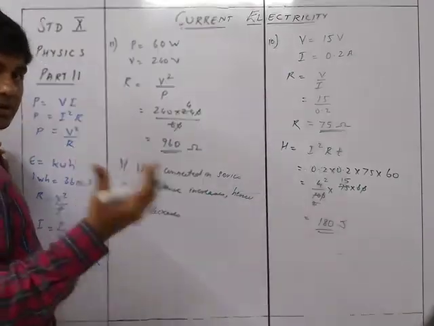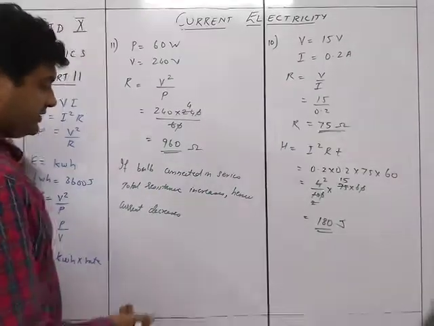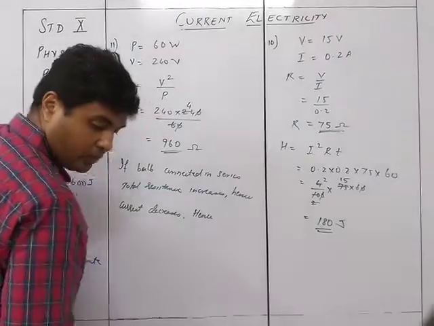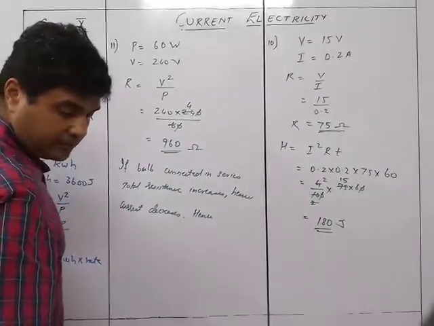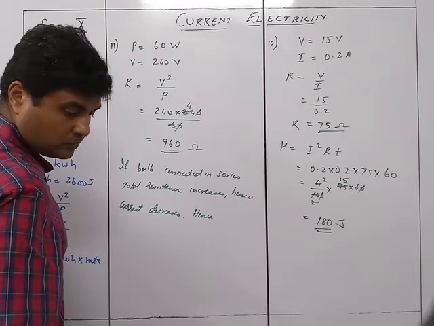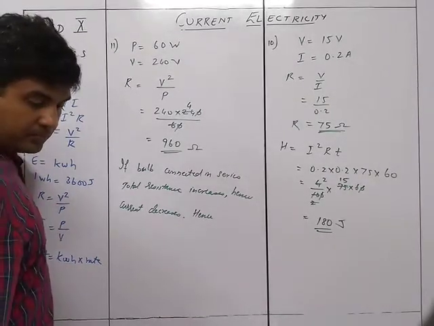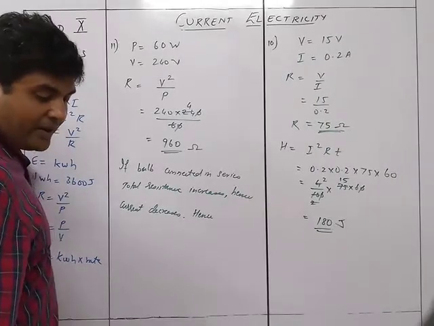The total circuit current decreases, hence the glow will decrease. They asked us to explain why each one appears less bright.